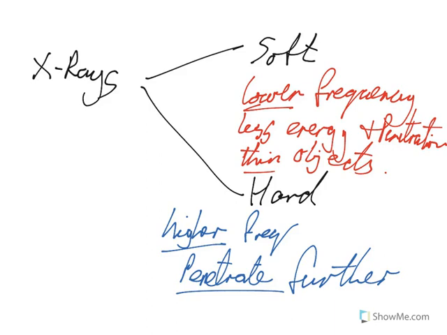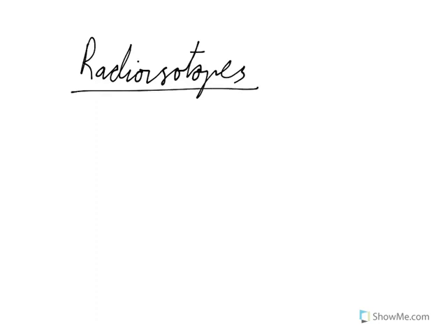All right, so that's X-ray radiation. So there's other radiations that I mentioned right at the start, which were particles, and we've met these before. Radioisotopes. So we met these when we did our matter.